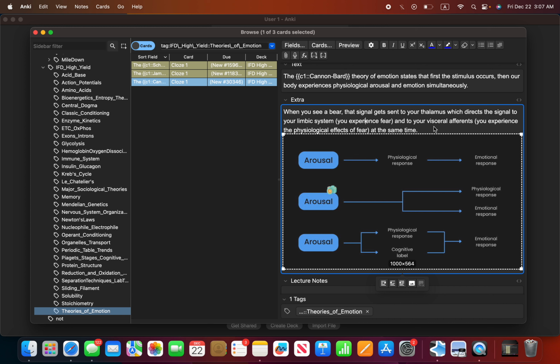So the other ones, there was a cognitive label too. I believe the third one here is the label that your brain puts on it, right?